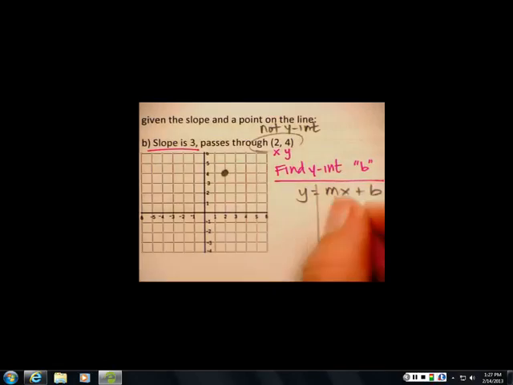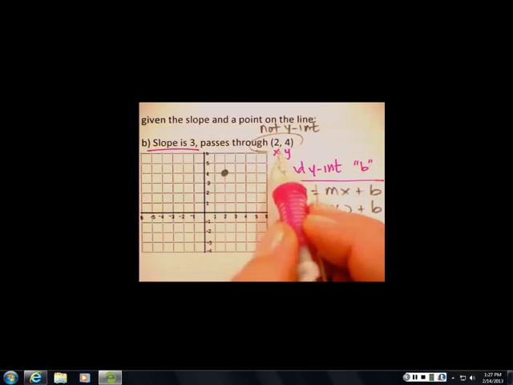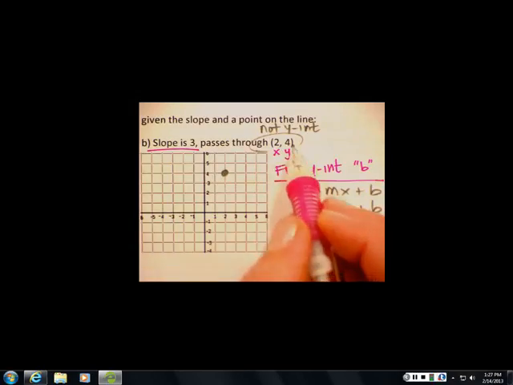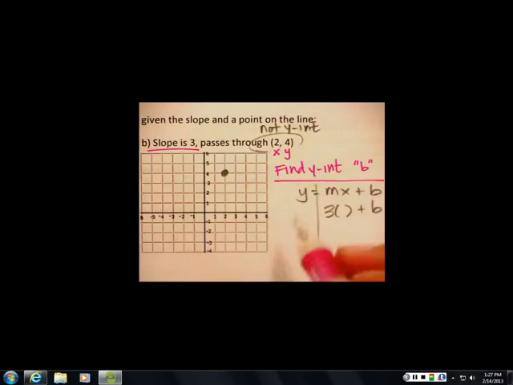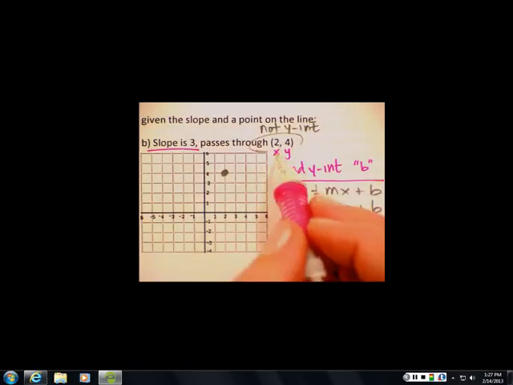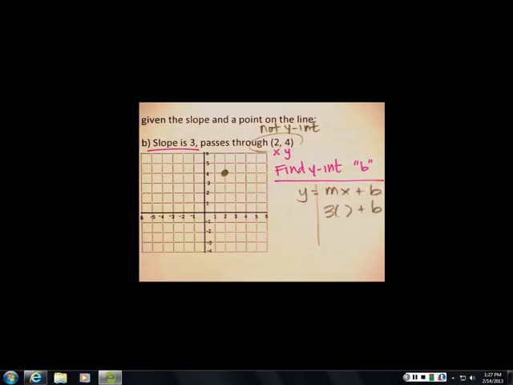I'm going to plug in everything I know. I definitely know that my slope is 3. I don't know what the y-intercept is, but I do know that when x is 2, y is 4. Again, I'm going to say that one more time. When x is 2, y is 4. So I'm going to plug in 2 for x and 4 for y.